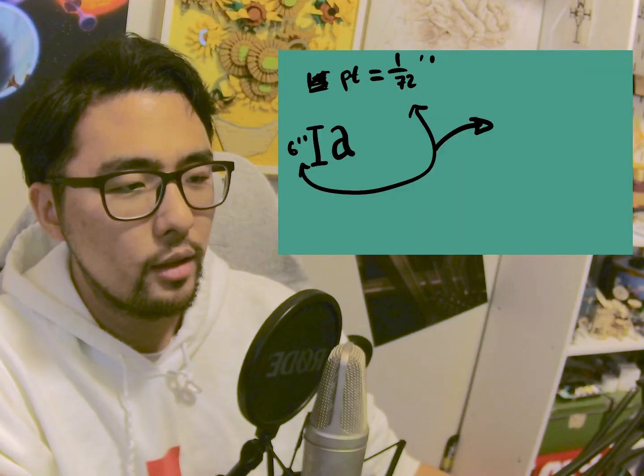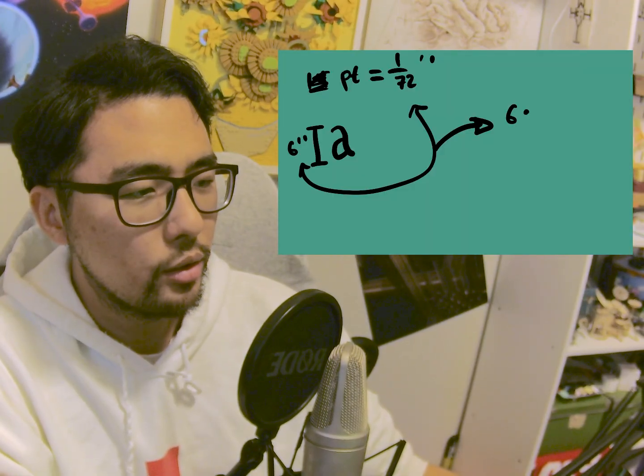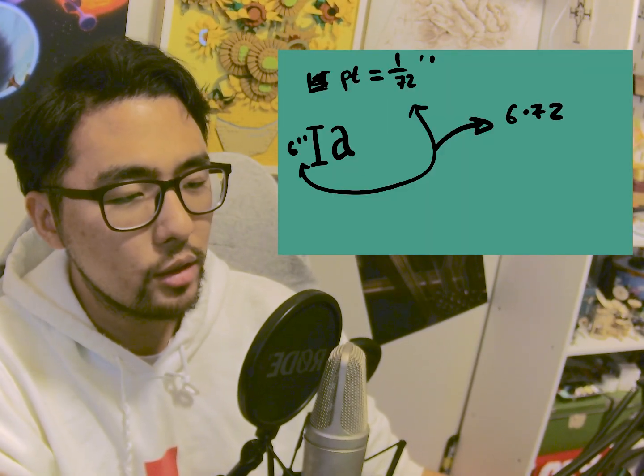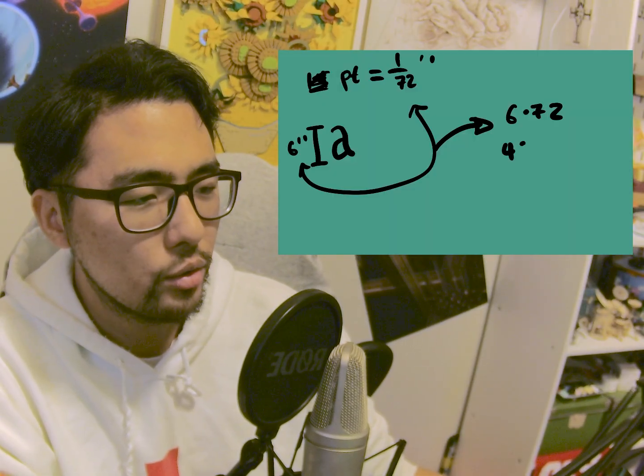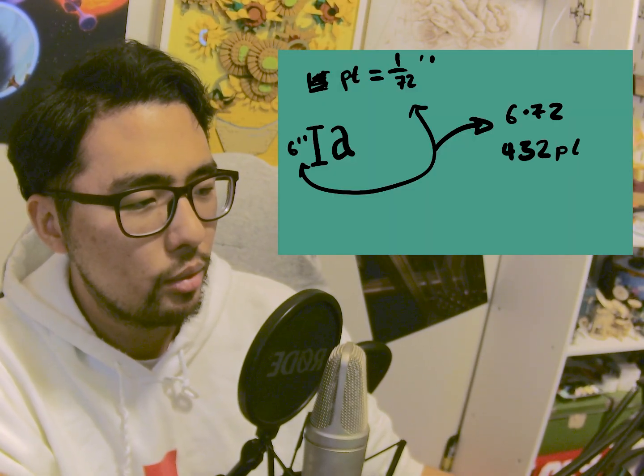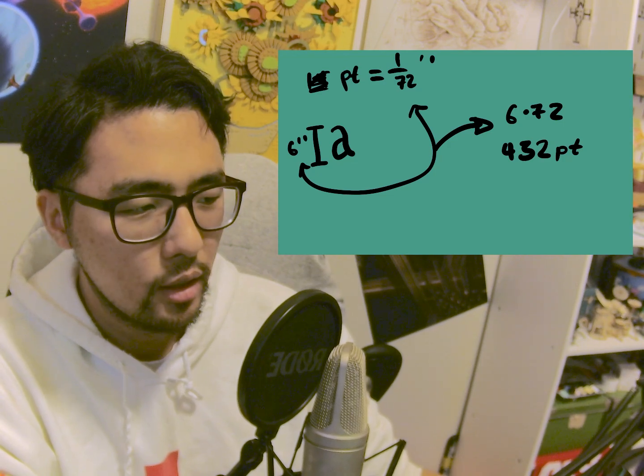You multiply 6 by 72, and you end up with 432 point font. But wait a minute.